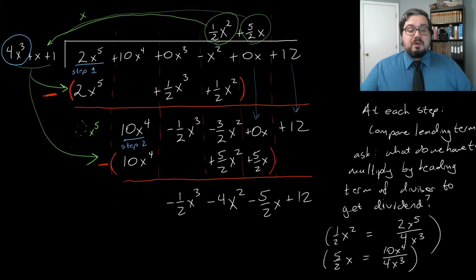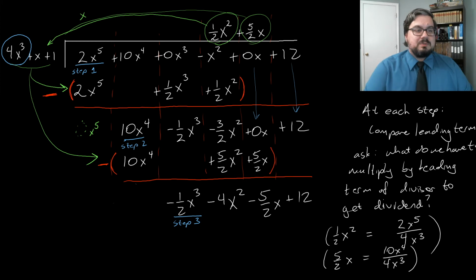All right, so that was step 2, and we keep going as long as we can find a polynomial term that will make the first step work, multiplying by the leading term of the dividend in order to get the leading term of the divisor. The leading term of the divisor is now negative 1/2 x cubed.